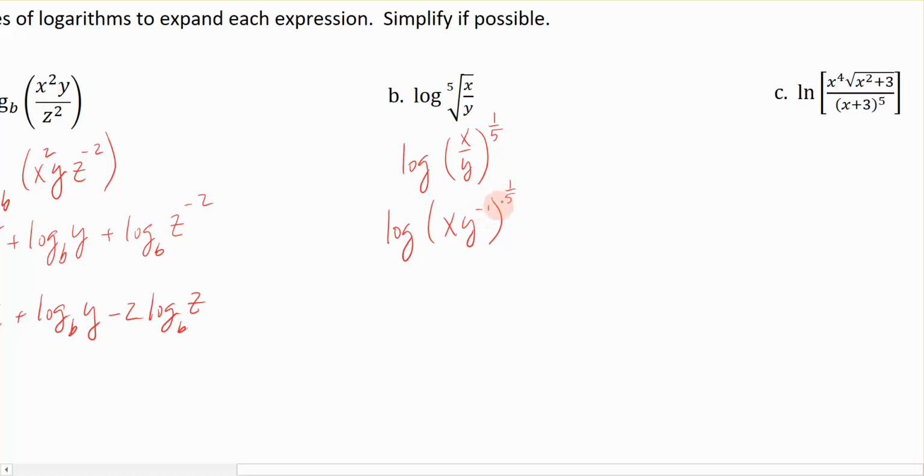So I have kind of a double idea here. I'm going to use my rules of exponents that say if I have a power to a power, I just multiply the two powers together to simplify this argument. So this is going to be log of x to the 1/5 y to the negative 1/5, because a negative 1 times 1/5 is that.